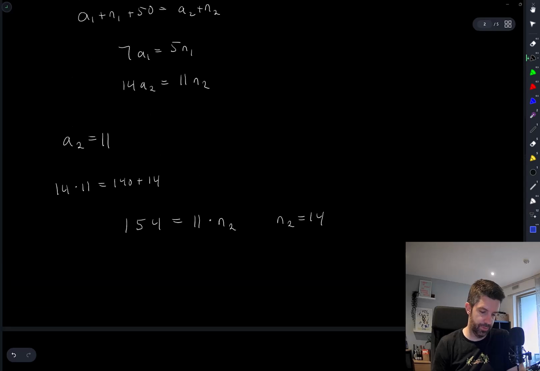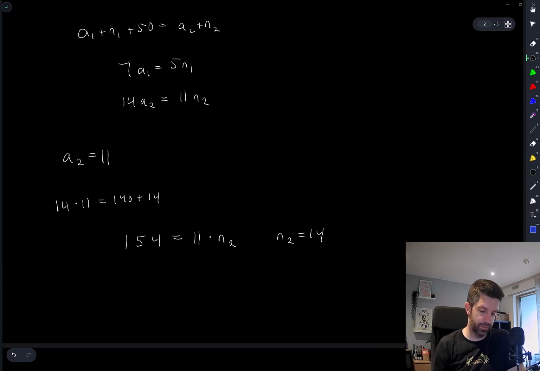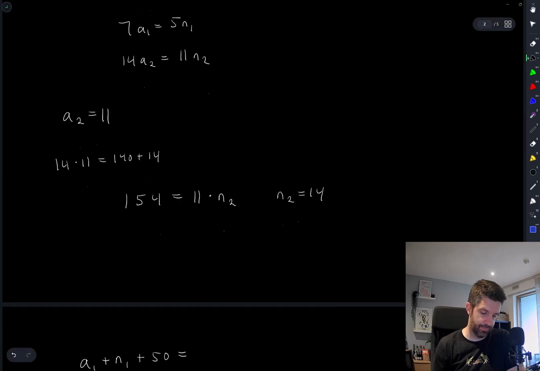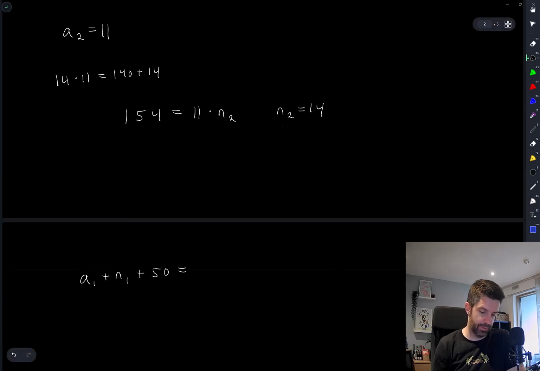So then I have A1 plus N1 plus 50 is equal to, oh, this can't possibly work. A2 and N2 are 11 and 14. That's just 25. Okay, I'm kind of seeing now.